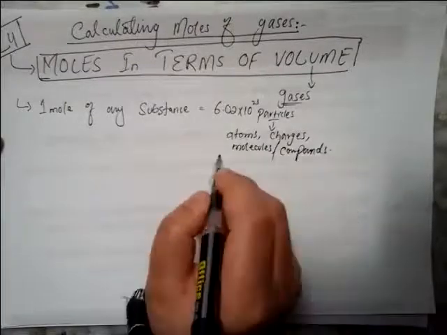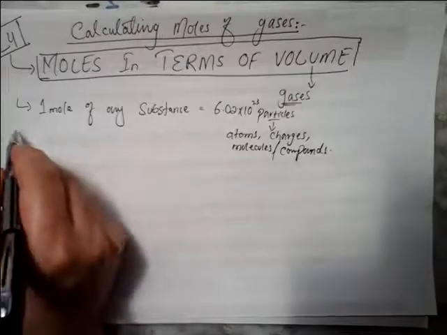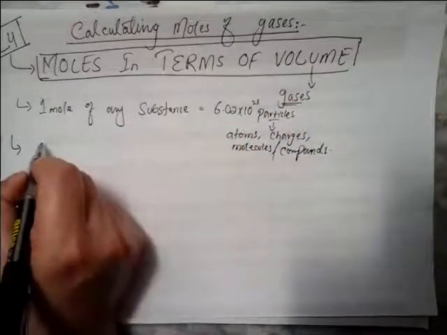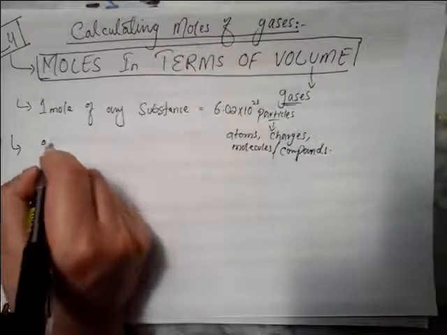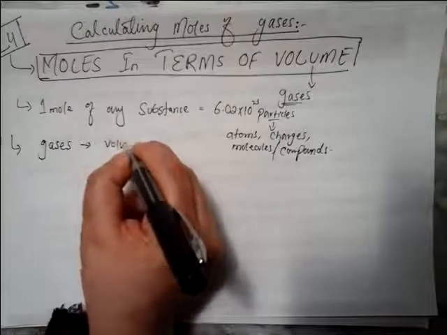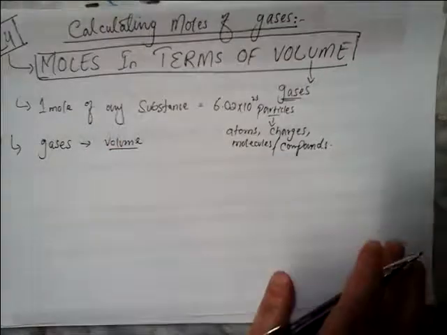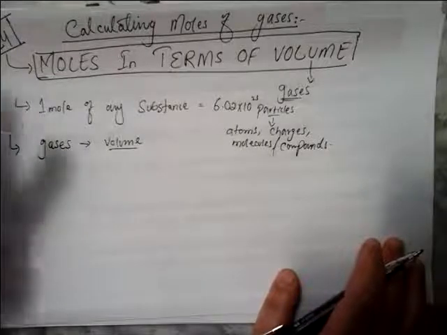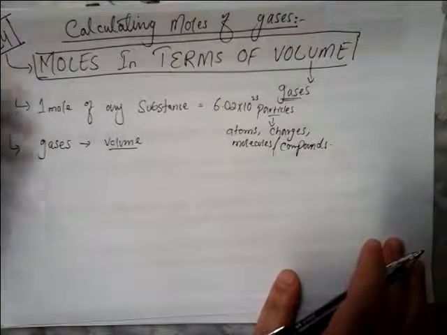Is that clear? In the same way, from the gases point of view, whenever we are talking about gases, we know that gases are being measured through volume. So we have to consider calculation of gases from the perspective of volume.